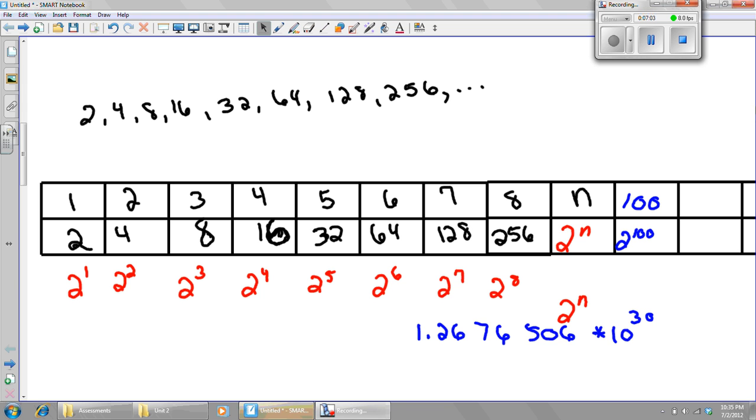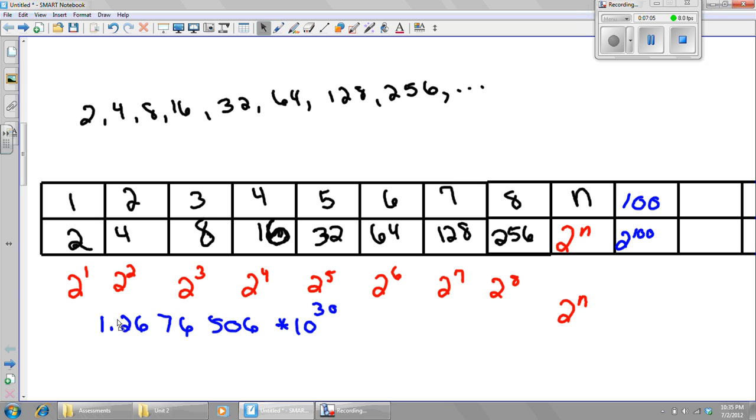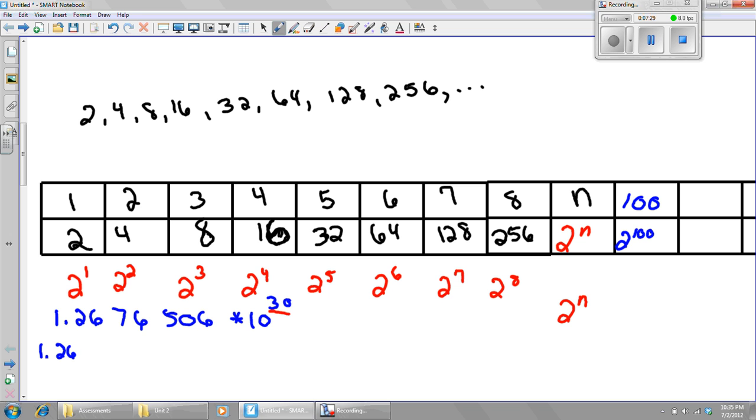Remember scientific notation. If I want to convert that to a standard number, I have to take that decimal point and move it 30 places to the right. In fact, I have to multiply by 10, 30 different times. Each scoopy is to multiply by 10. So let me rewrite the number without the times 10 to the 30th. 1.2676506.